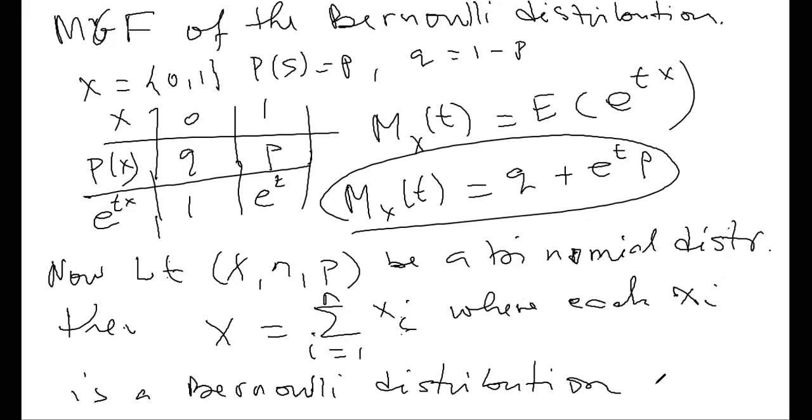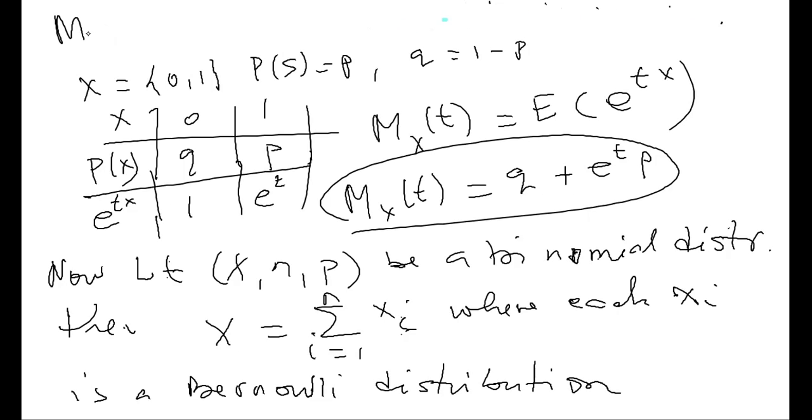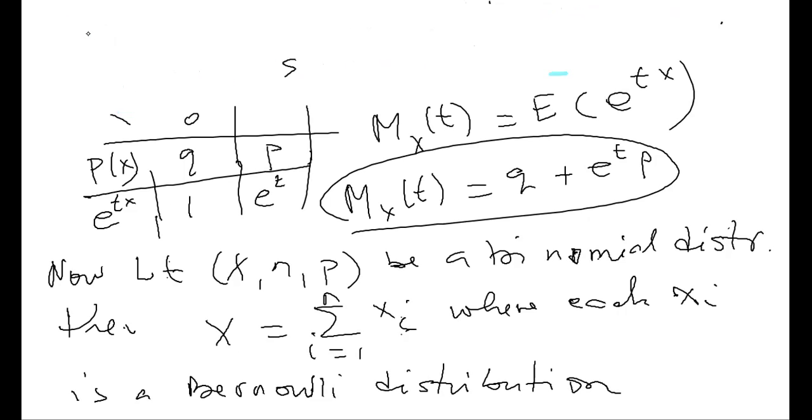Do you remember that? If you are counting the number of successes, it's like the number of successes on the first trial plus the number on the second trial, the third trial, up to the nth. So each of those trials can be defined as a Bernoulli distribution. And for that reason, the moment generating function will be that of the sum of n Bernoulli distributions.